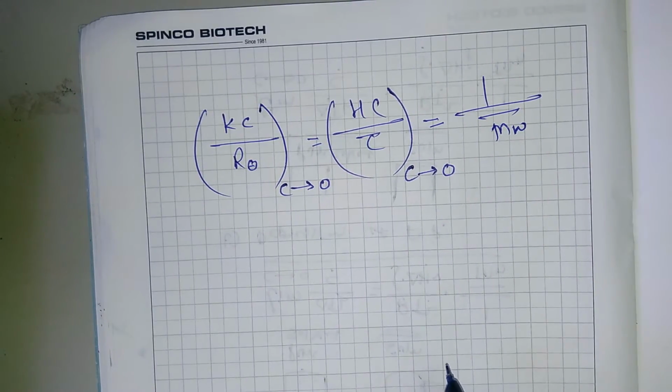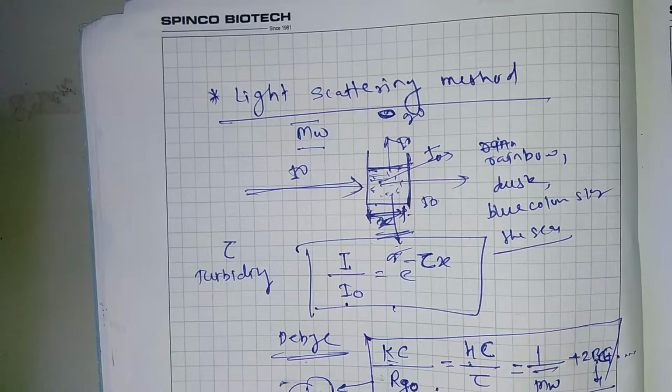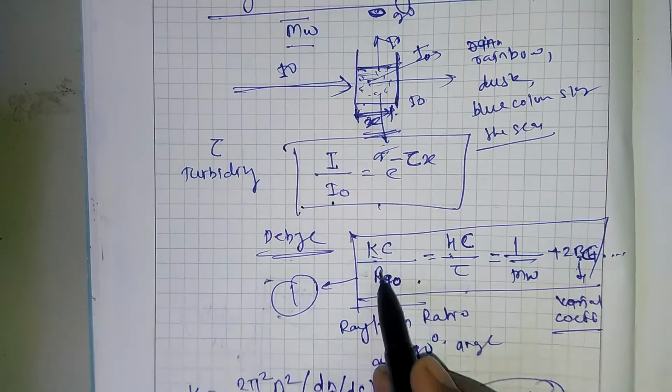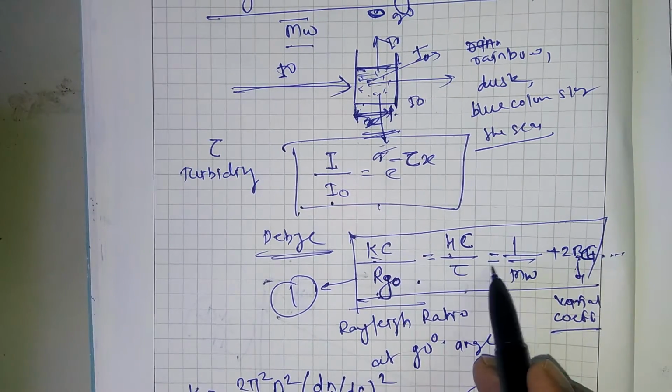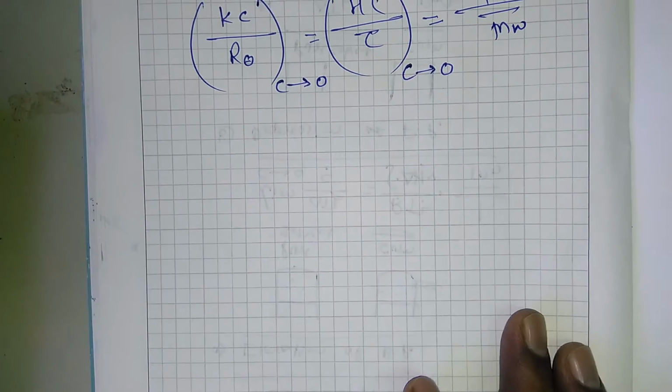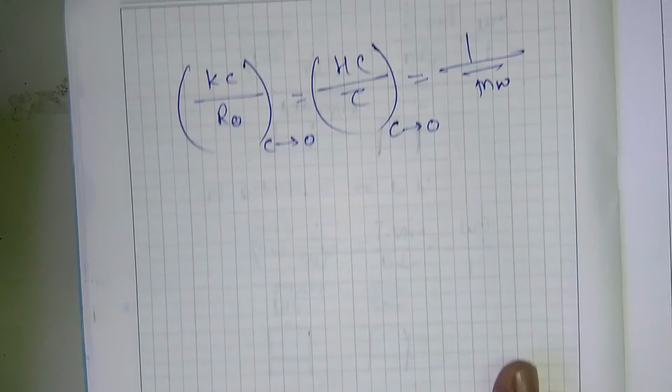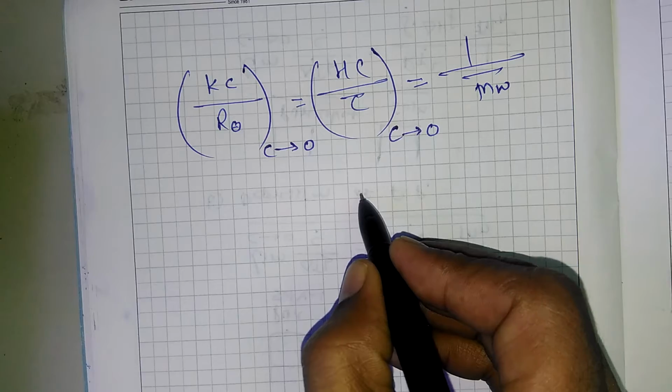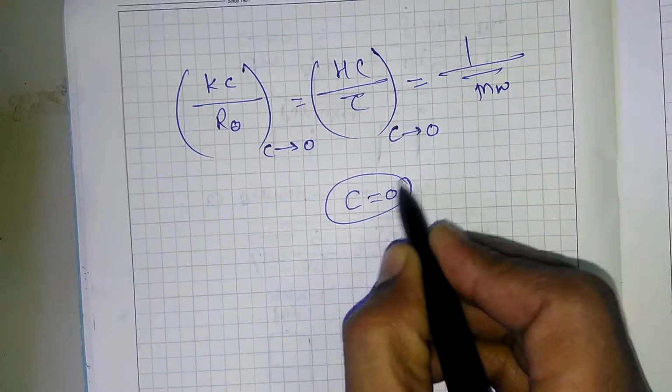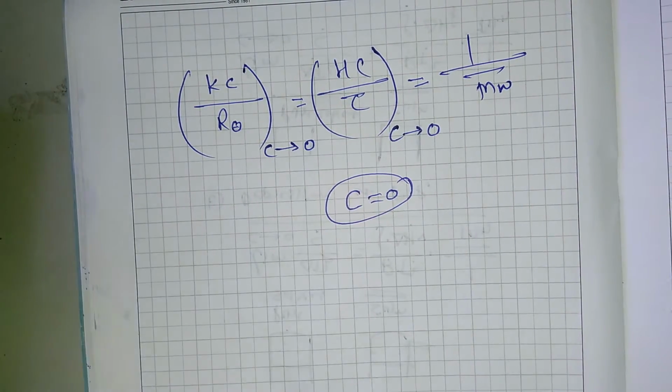So we can write equation 1 as Kc/Rθ equals Hc/τ in this way, and it is applicable when the concentration C is 0.